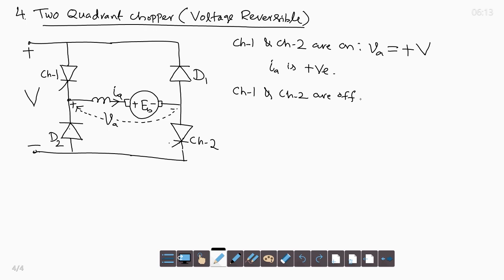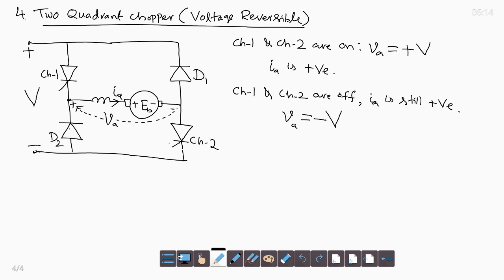IA is still positive because it cannot be negative. So, you have voltage across the machine VA equal to minus V, as you can inspect the circuit when D1 and D2 are conducting, VA is negative. So, you have reversible voltage, you can apply plus V and you can apply minus V.